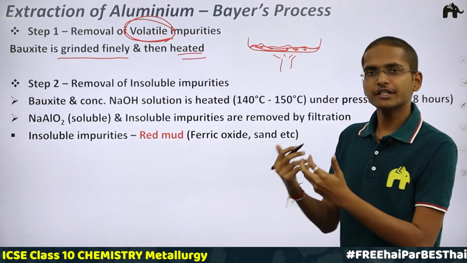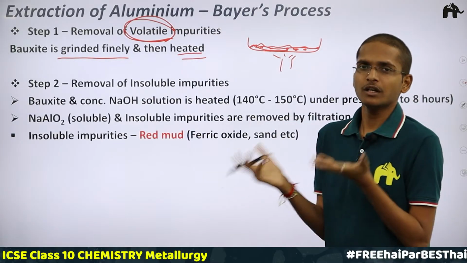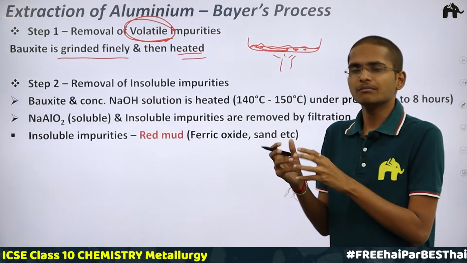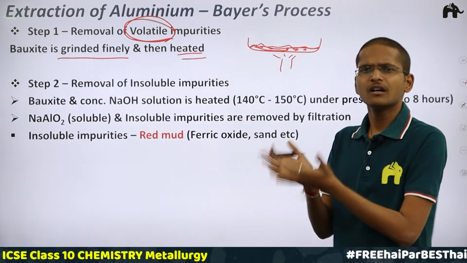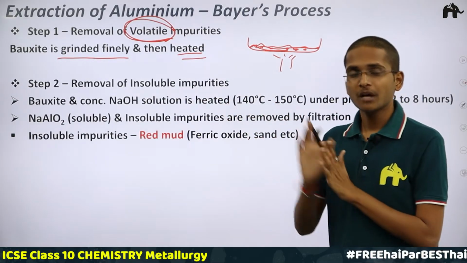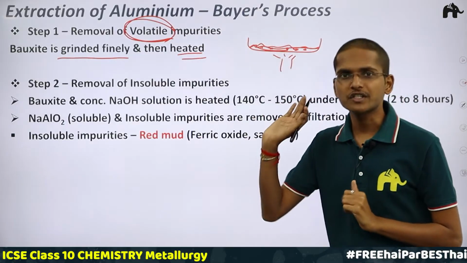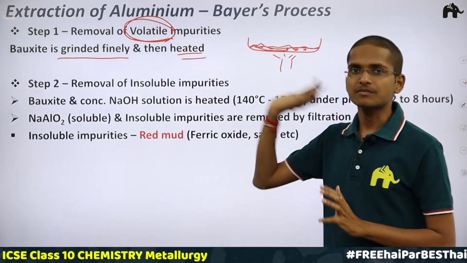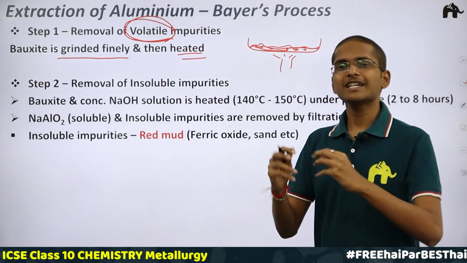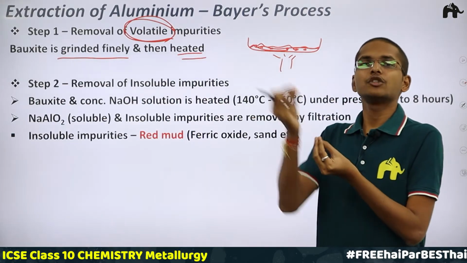Such substances are called volatile substances, simply those which can easily get converted into the vapor state.